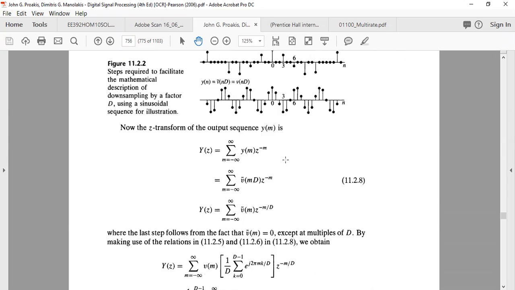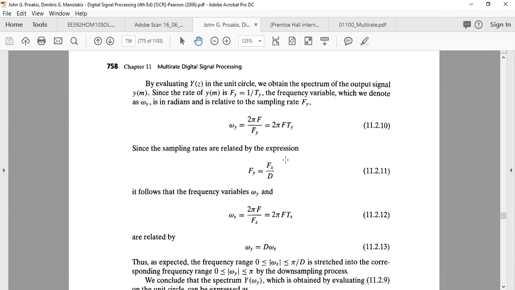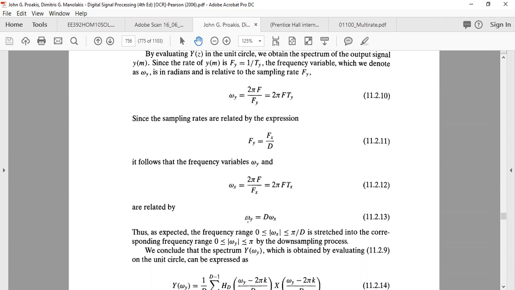So what happens to the frequency response? The properties state that if you give your output signal in terms of your input signal frequency, that is in terms of omega x, the output frequency omega y is equal to d times omega x, right?